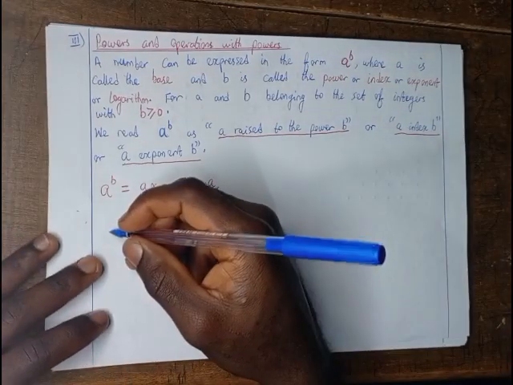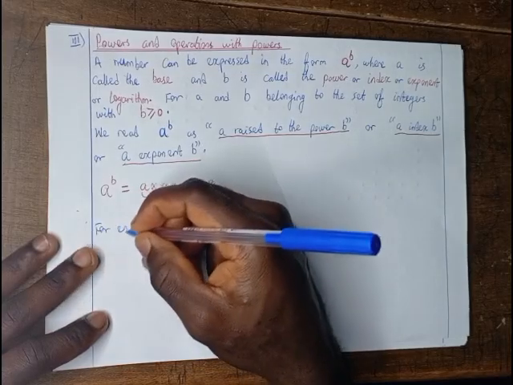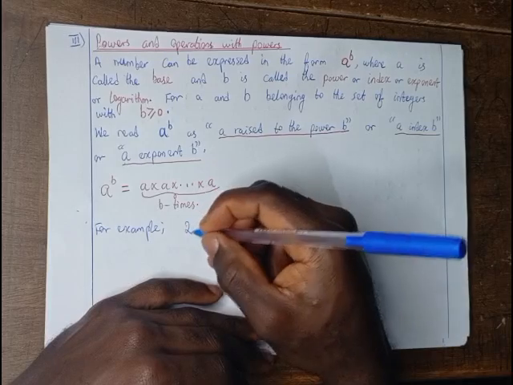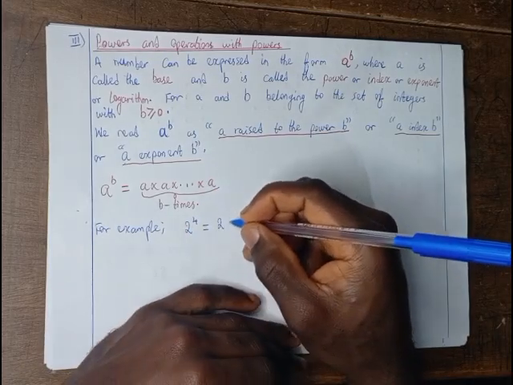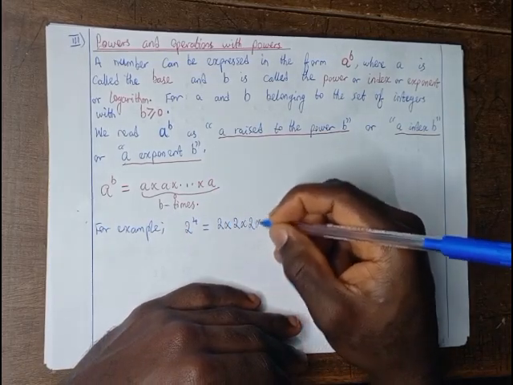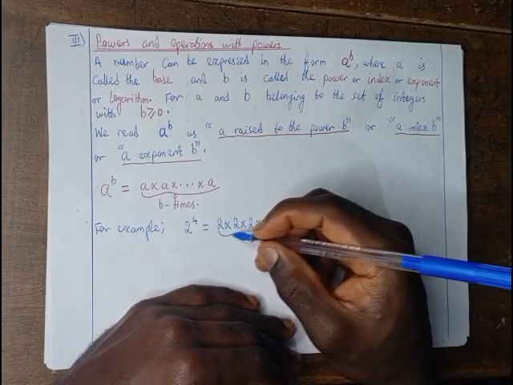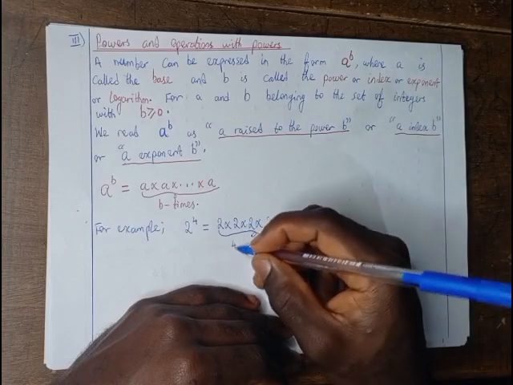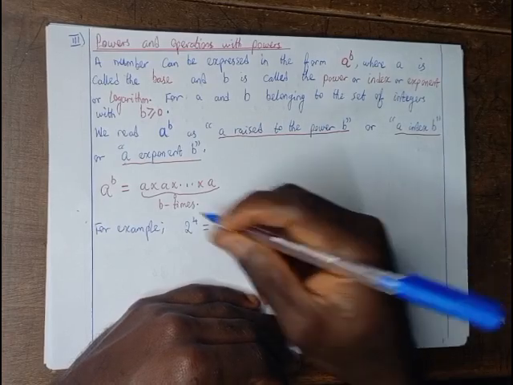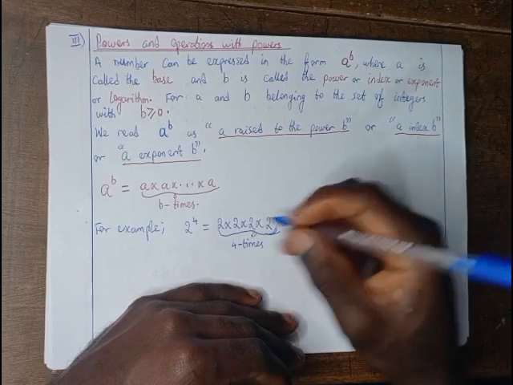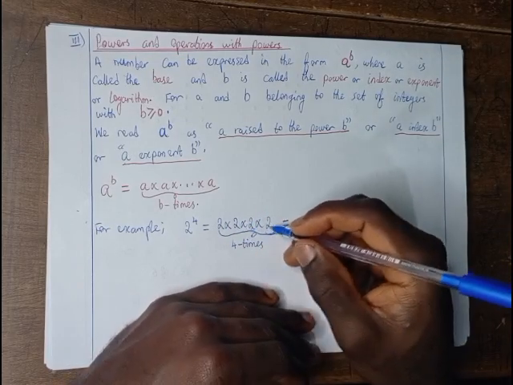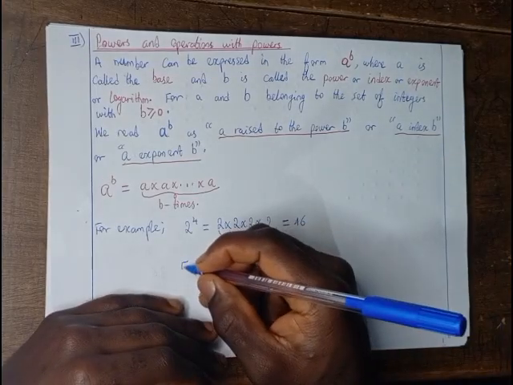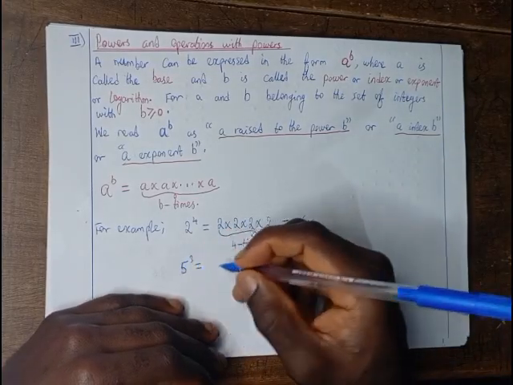Let's take for example, 2 raised to the power 4 simply means you multiply 2 by itself 4 times. The number 2 appears 1, 2, 3, 4 times. Take 2 times 2 gives 4, 4 times 2 is 8, 8 times 2 gives us 16. That's the result.